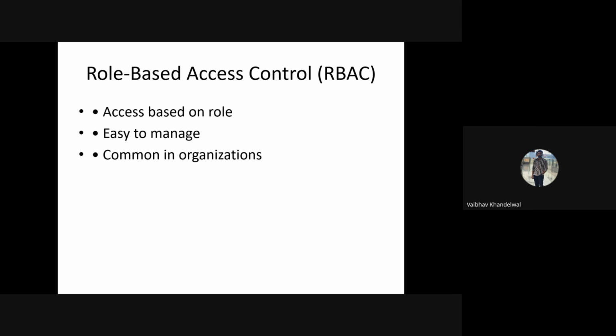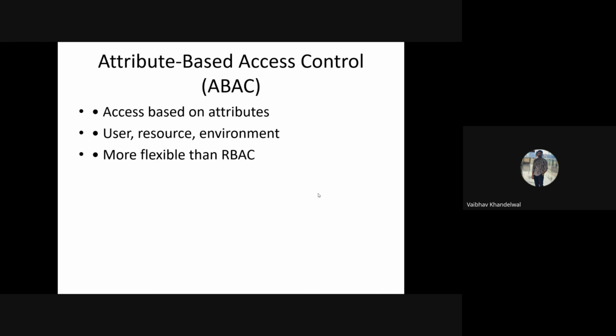And then second is attribute-based access control. It is more flexible than RBAC. We say RBAC for role-based access control, and for attribute-based we say ABAC, for short. ABAC is obviously more flexible than RBAC. Why? It uses attributes like user, resources, time, location, not only the roles.